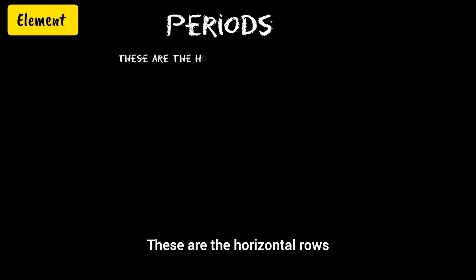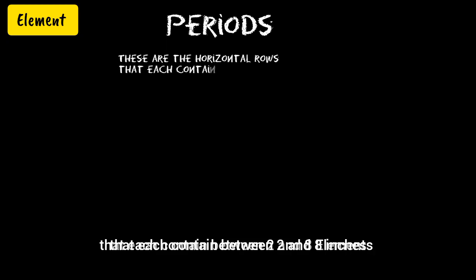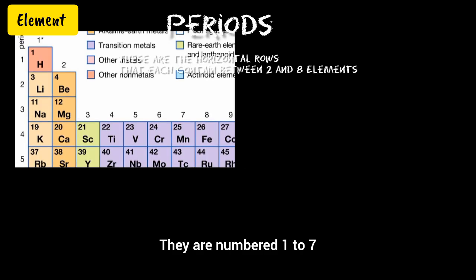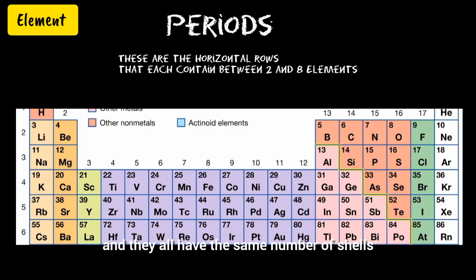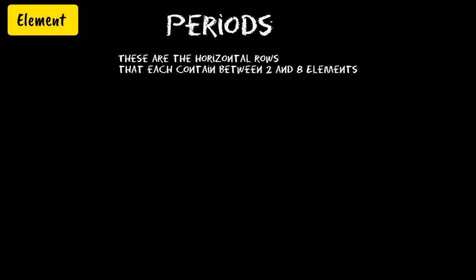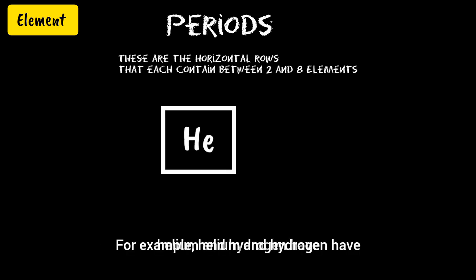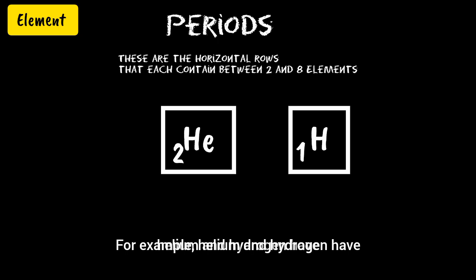Periods. These are the horizontal rows. They are numbered 1 to 7 and they all have the same number of shells. For example, helium and hydrogen have one shell, therefore we say they are found in period 1.